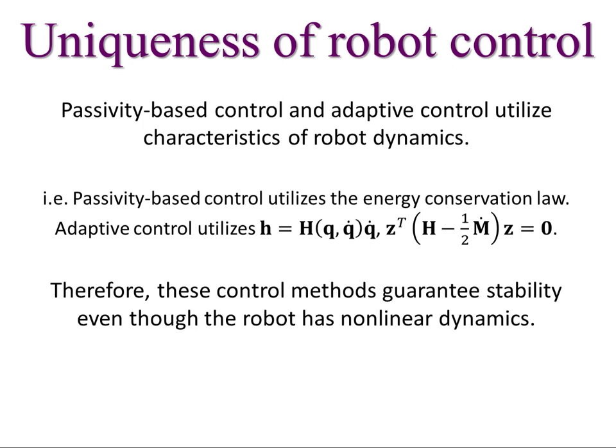By exploiting these characteristics, we can solve problems that cannot be solved by general nonlinear control theory. These are unique and important advantages of robot control that even influence other control theories, such as nonlinear control theory.